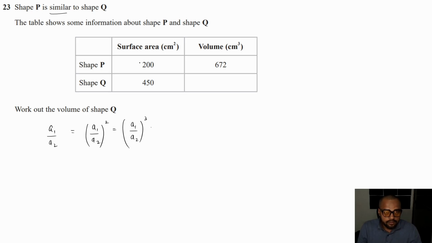Here you can see that the areas of shape P and shape Q are given. So if I want to calculate the side of this particular shape, let's do it: a1/a2 = √(200/450).